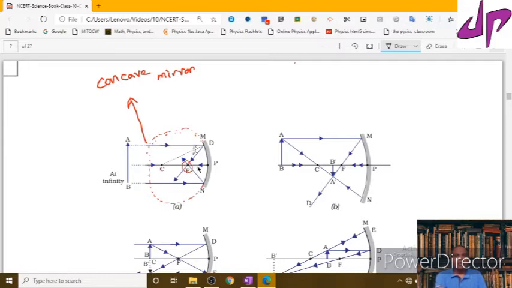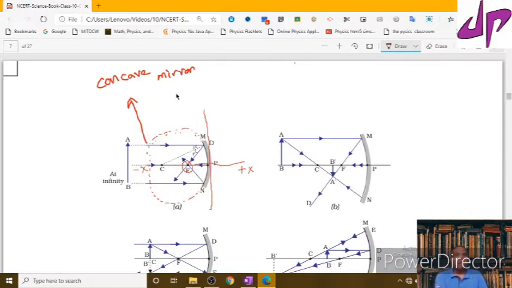Suppose here I draw the Cartesian sign convention, plus and minus. This is the positive x-axis and this is the negative x-axis. Now the object is always on the negative side. u is always negative, since the object is always placed on the negative x-axis. The image position value depends upon the position of the image, so it will change.